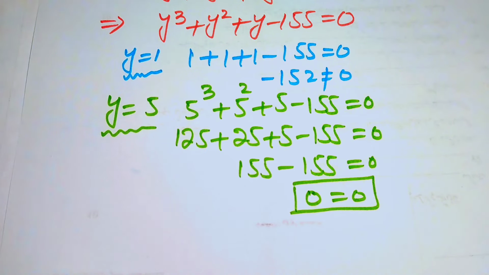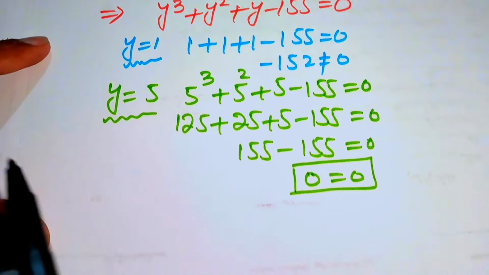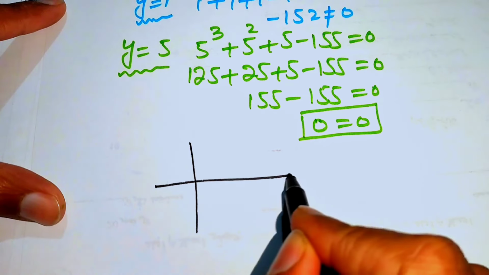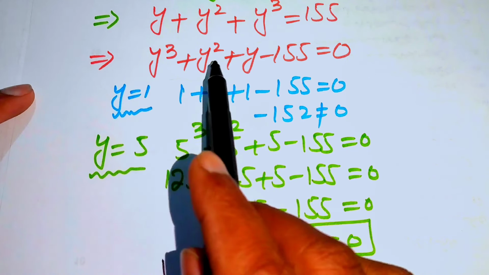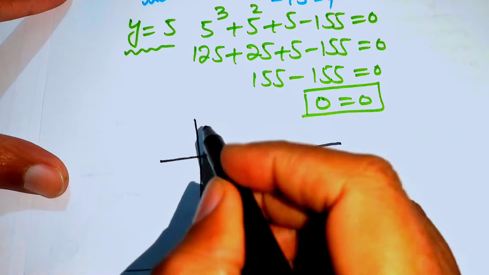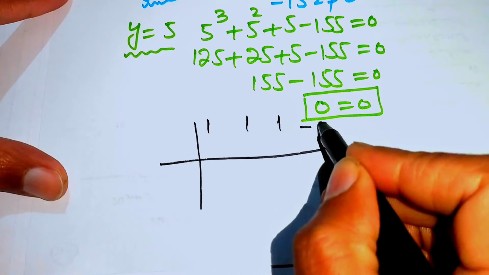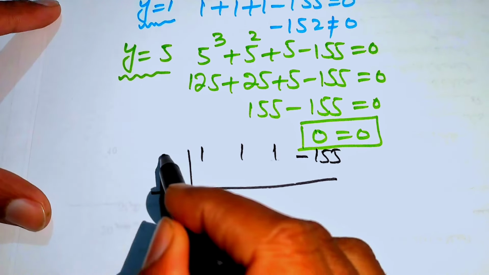In order to use synthetic division, first we write the coefficients of this cubic equation. The coefficients of y cubed, y squared and y are 1, and the constant is minus 155. So we write it here: 1, 1, 1, minus 155, and the root of the given equation is 5.